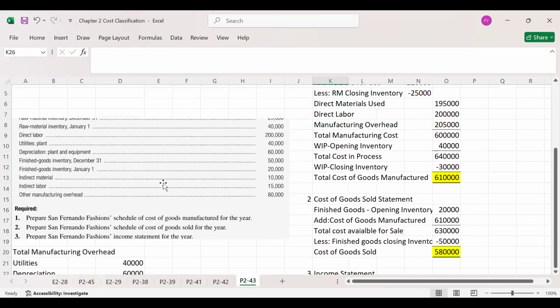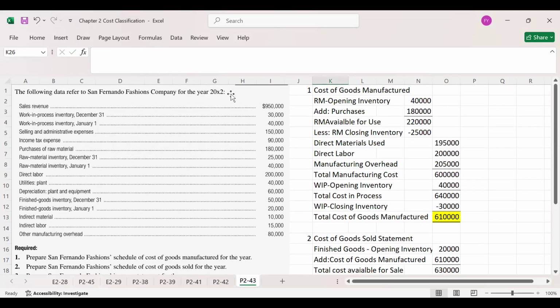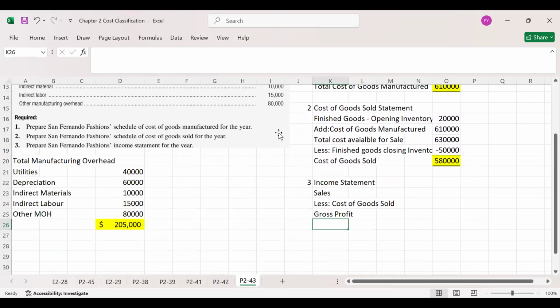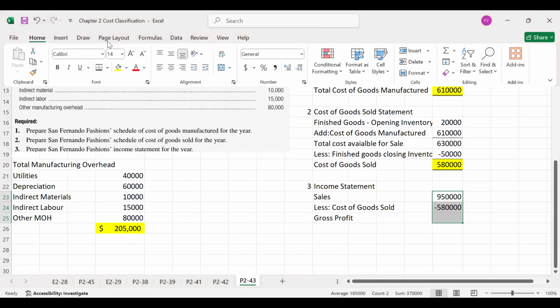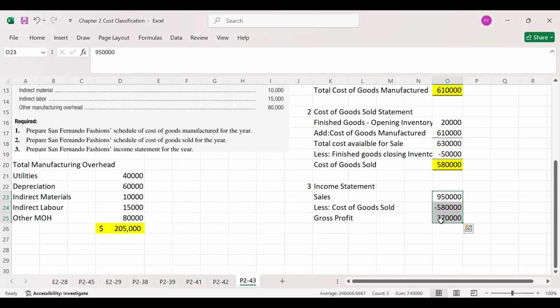So sales, you can see how much sales is given, $950,000. So sales amount is $950,000. We have calculated cost of goods sold, which is 580, in order to get gross profit, which is 370.